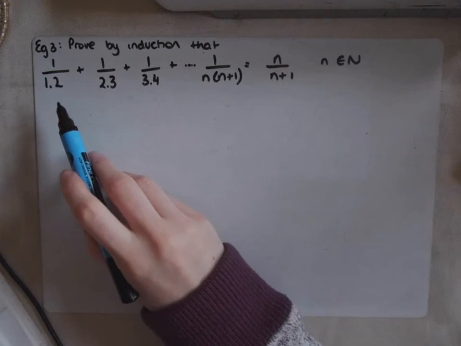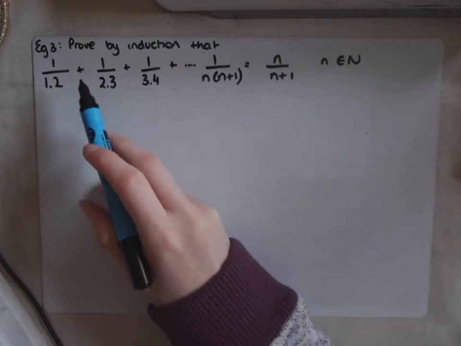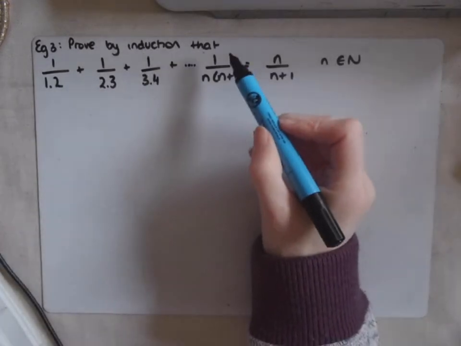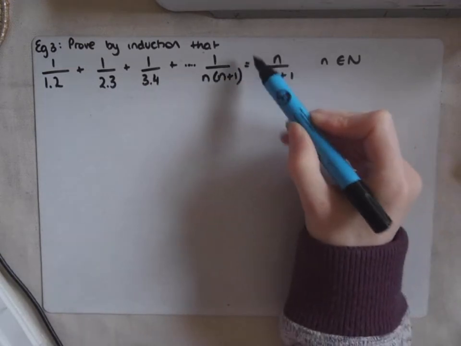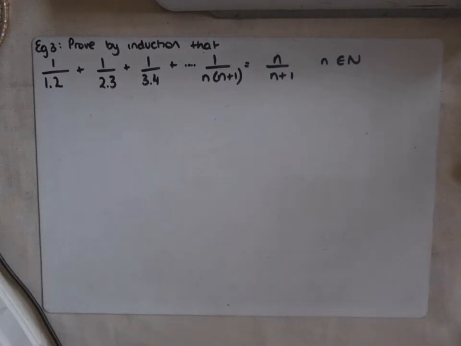Prove by induction that 1 over 1 by 2 plus 1 over 2 by 3 plus 1 over 3 by 4, etc., up until 1 over n by n plus 1, is given by this, n over n plus 1. Okay?